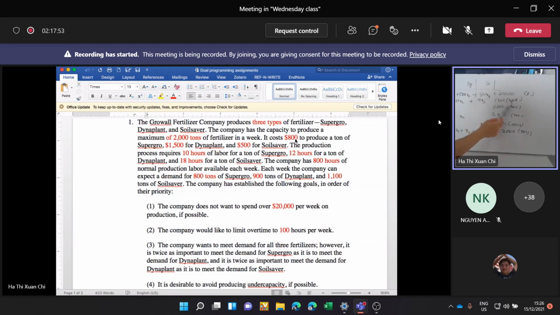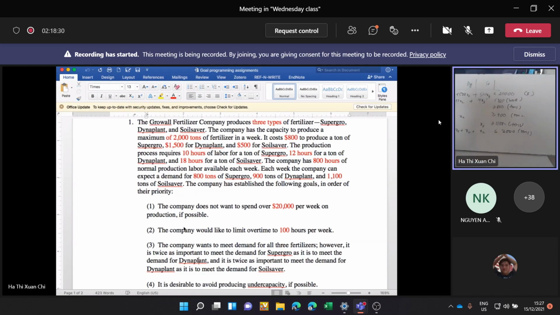And the money is not over that, right? Available hours are 800. For X1 they expect the demand to be greater than this, and the company has the capacity to produce a maximum of 2,000 tons.